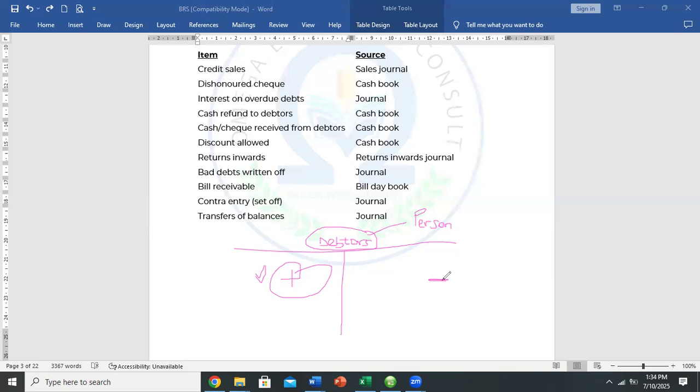Credit. So having said this, I want my professors to pick one of the items here and explain to me whether it increases a debtor's balance or decreases it. And for that matter, we should debit or credit it.